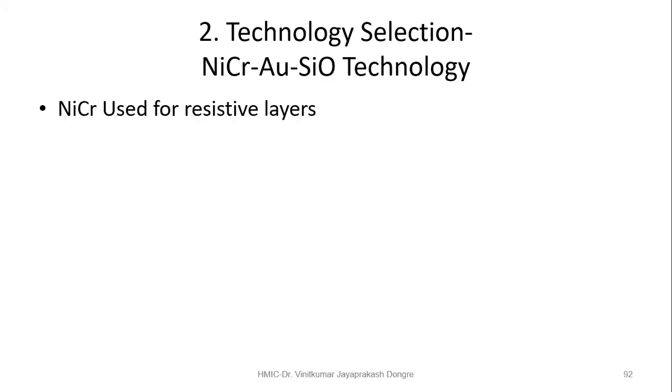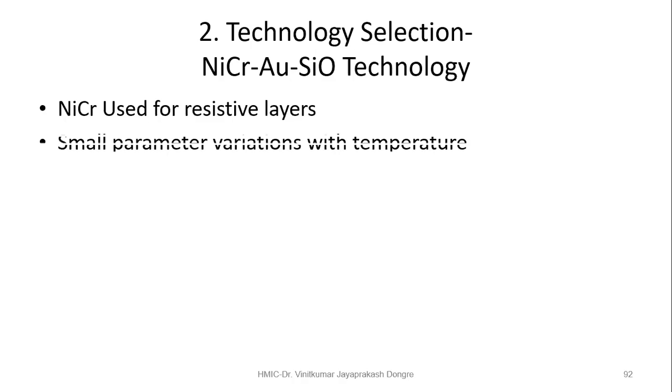NICR is used as the resistive layer. As we discussed previously, resistance, capacitance, and the conductor layer, that mainly we are doing. And as it is hybrid technology, the semiconductor components are connected externally.